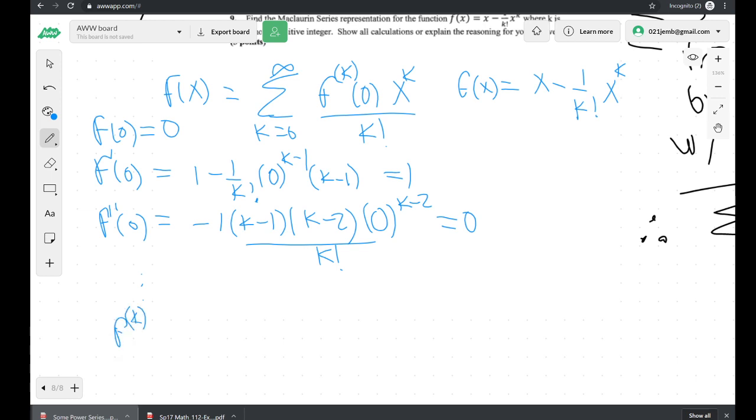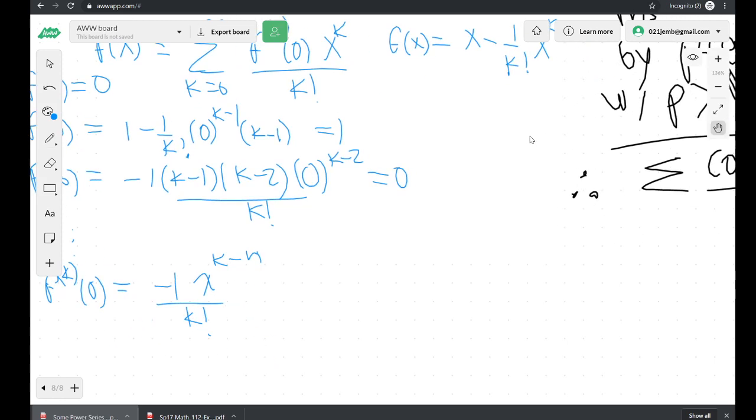Up to the kth derivative at 0, the value will be negative 1 over k factorial times k factorial, times some value of x to the 0, which is 1.